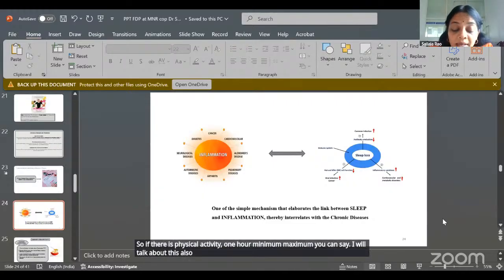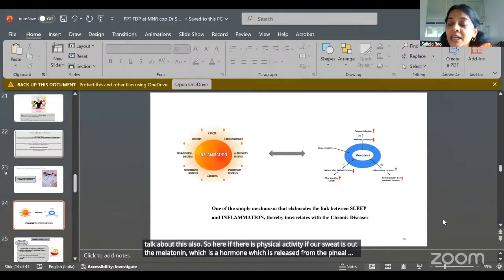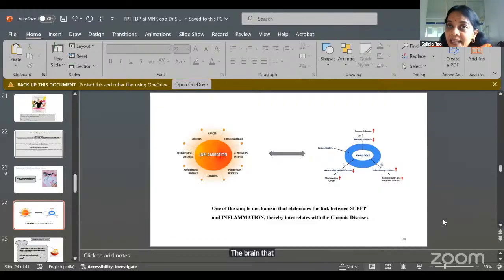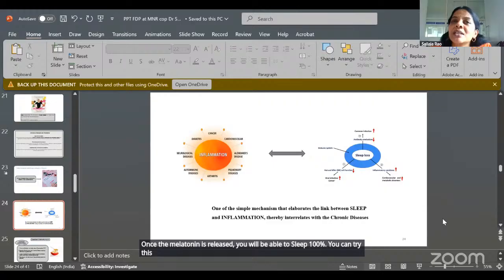If you do physical activity and your sweat is out, melatonin, a hormone released from the pineal gland in the brain, will be released and it is going to control the sleep. Once the melatonin is released, you will be able to sleep 100%. You can try this. Still, if there is deprivation, then you have to employ some methods to combat this.